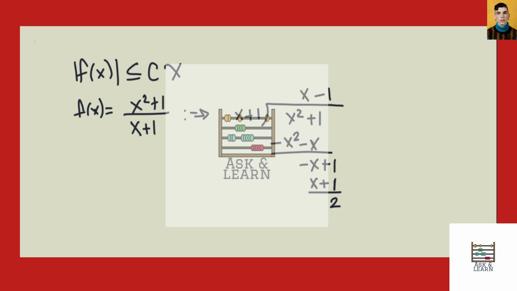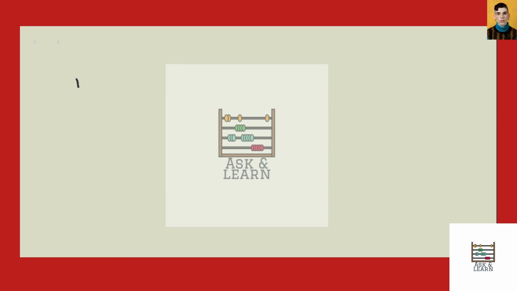And so we can rewrite this fraction as x minus 1 plus 2 over x plus 1. Okay, so let's just get to a new page with that new form.